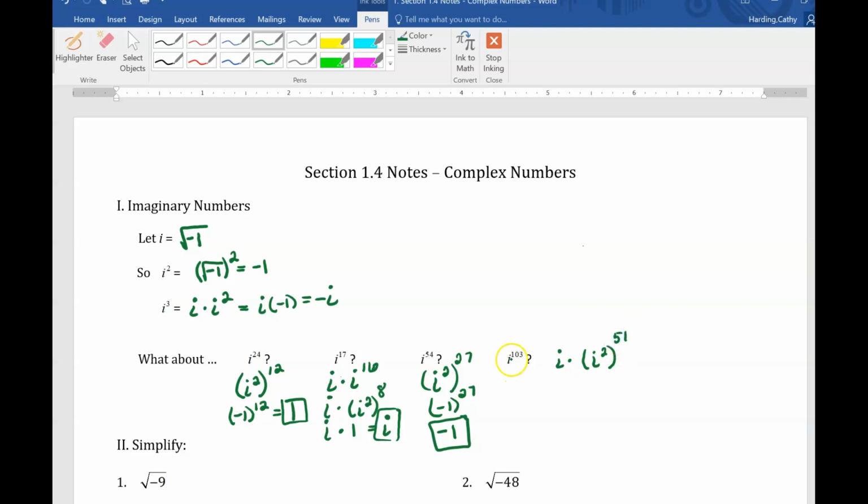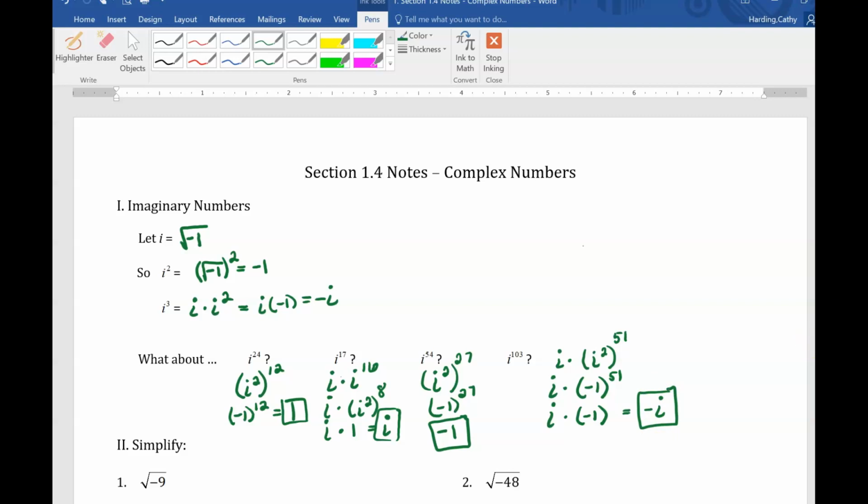Do you see how we broke down 103 into those numbers? First, I peeled off an i to the first. That leaves me with i to the 102nd, which is i squared to the 51st. So this is i times -1 to the 51st, and -1 to the 51st is just -1. So this is equal to negative i.